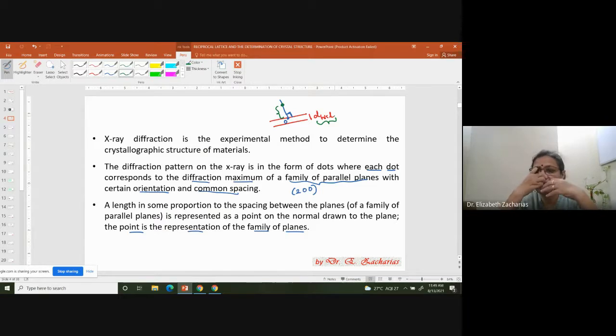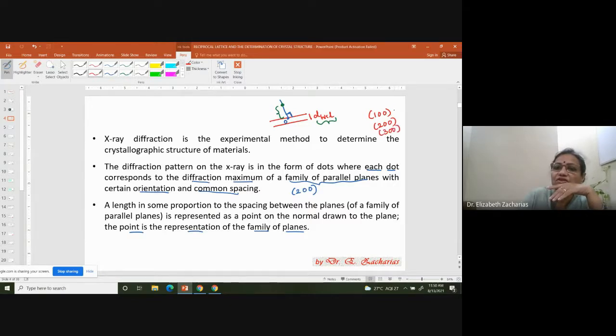Yes, ma'am. So that means a dot is going to represent a family of planes. Now you can ask, madam, can there be only one dot? Let us say this one dot is representing 100. Then you can have another family which is also having the same orientation, 200, 300.